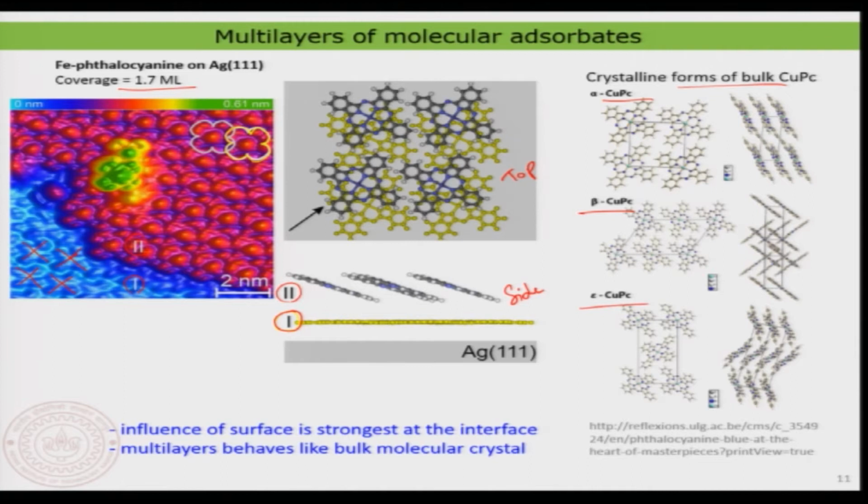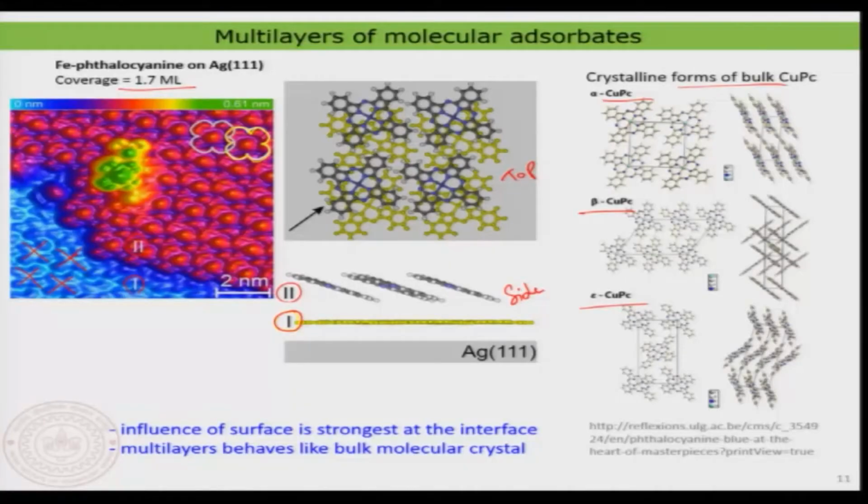These are just names, and they all have some kind of tilted orientation, but slight differences in the relative tilt are the only difference between the different phases. But in all the cases, what you have effectively is the so-called pi-pi interaction, and to maximize the pi-pi interaction, the molecules just get tilted with respect to each other and they pack. And you clearly see when I form the multilayer, that means already in the second layer, the molecule is already tilting with respect to the surface.